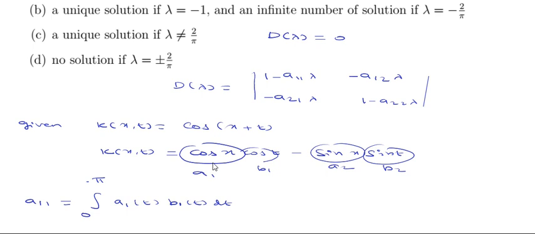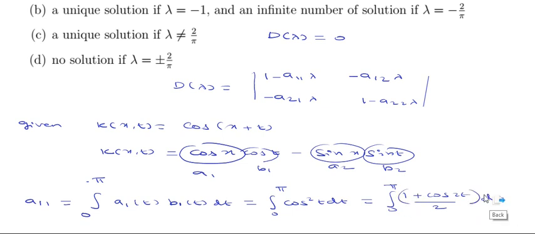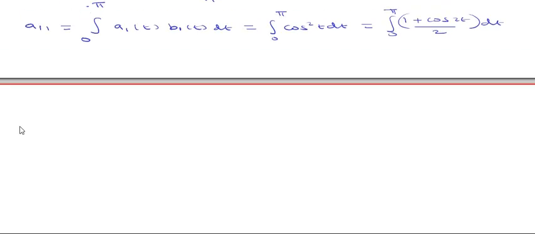Cos squared t can be written as (1 + cos 2t)/2. Integrating, this is 1/2 times [t + sin 2t / 2] from 0 to pi.